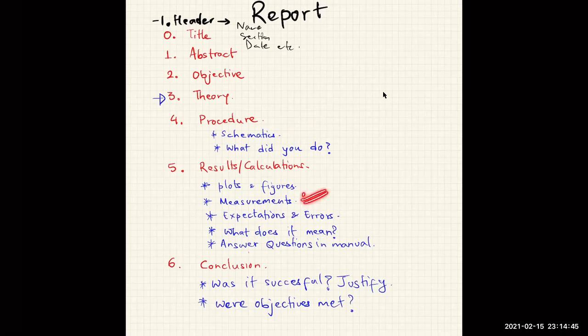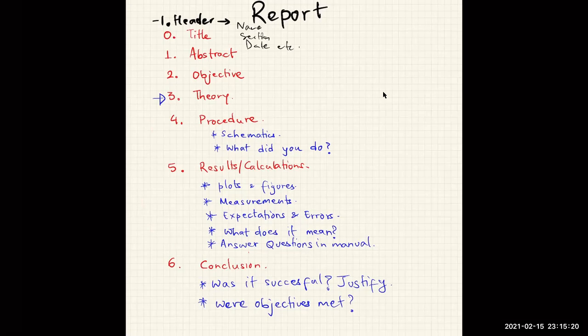In the results and calculations section, obviously you're going to report the measurements from your experiment. You're going to summarize them in plots and figures and tables. You're going to compare them to expected values and calculate errors based on them. And also, you're going to include a short, 1 or 2 line discussion of what these results actually mean. And there are a few questions in the lab manual that are going to guide you to understand the results that you're measuring, and then tie it in with the theory, right?